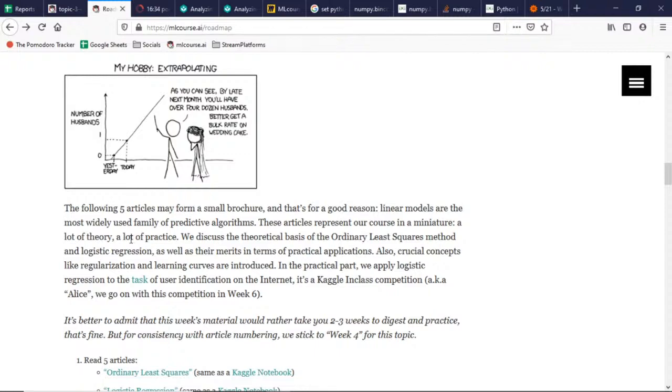Also, crucial concepts like regularization and learning curves are introduced.